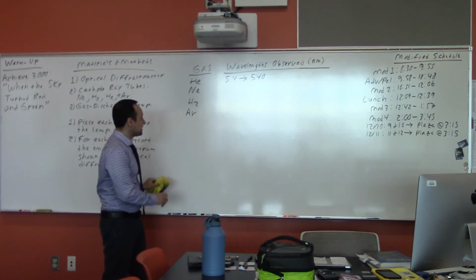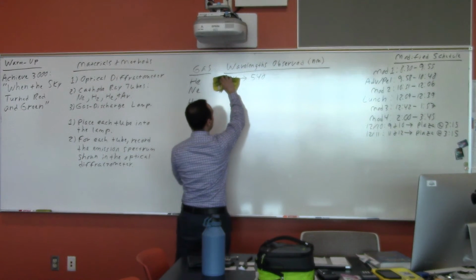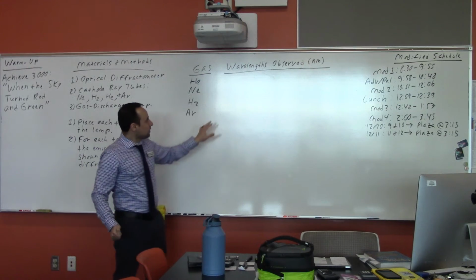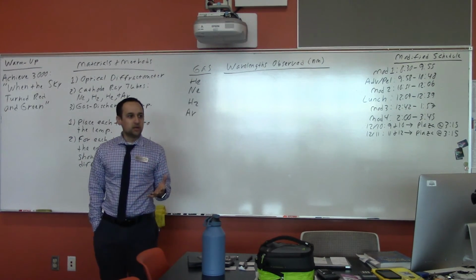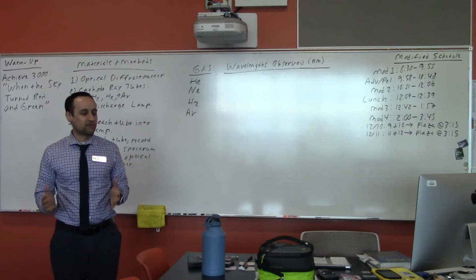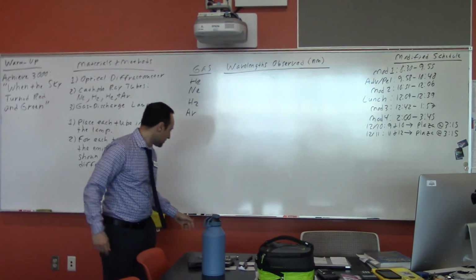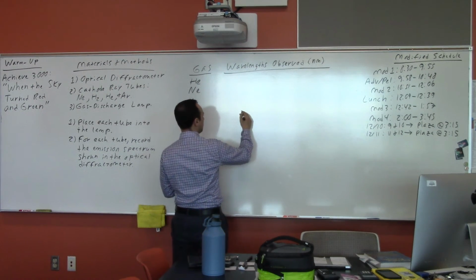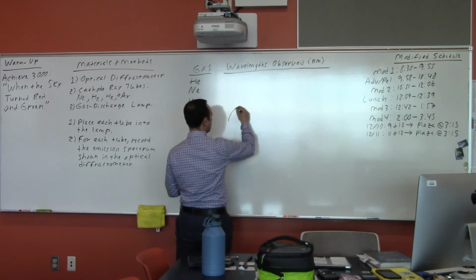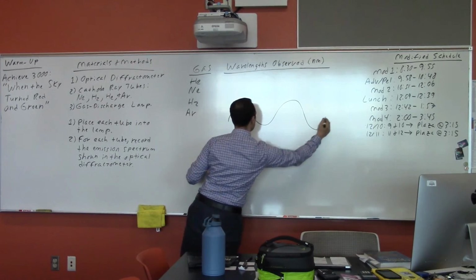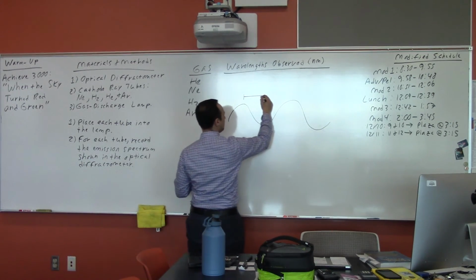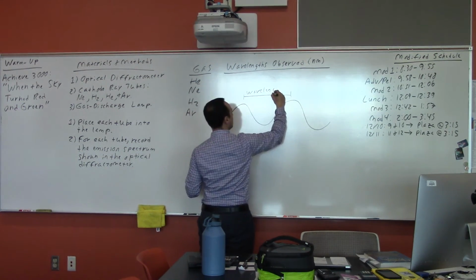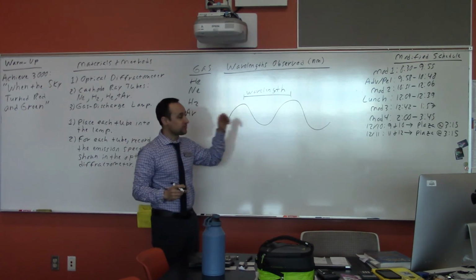So what you need to know about that is every single color, and you don't have to write that down. I don't know if that's true there, so don't put that number in your table. But every color that you see corresponds to a specific wavelength of light, okay? And so light comes in the form of waves, and the distance from one peak to another is called the wavelength.